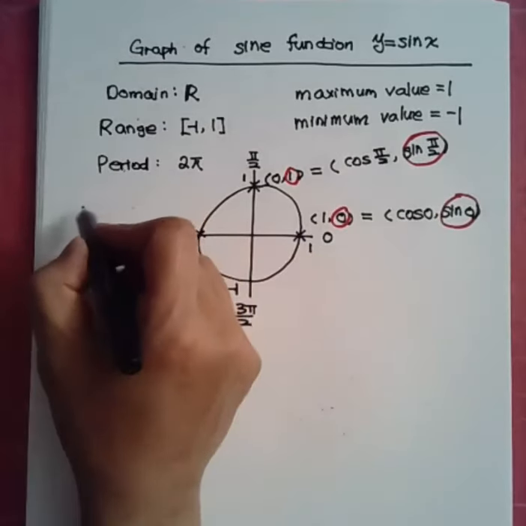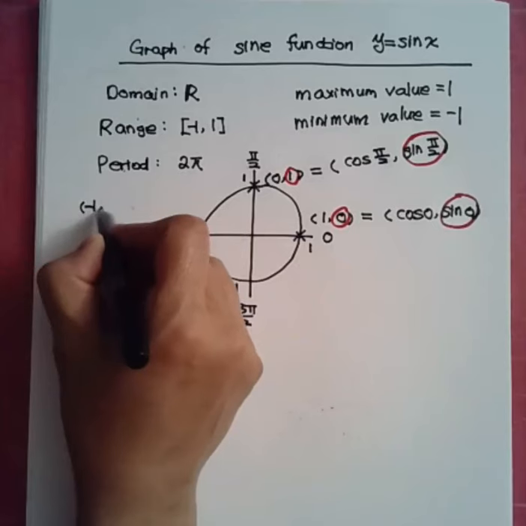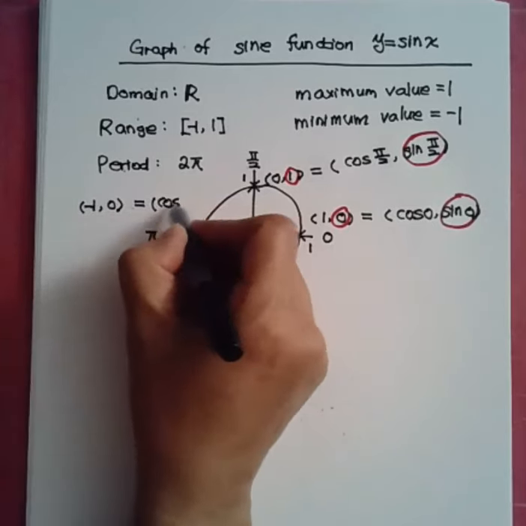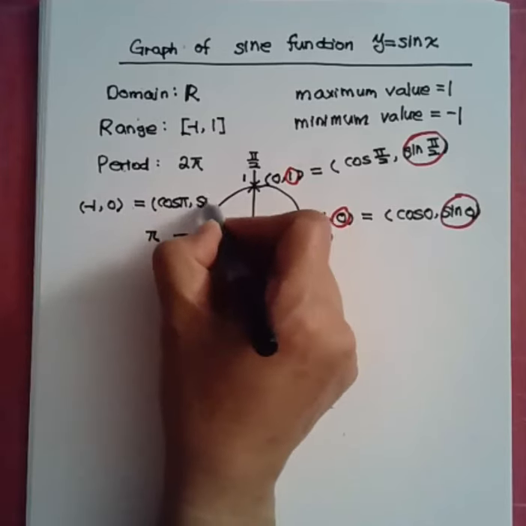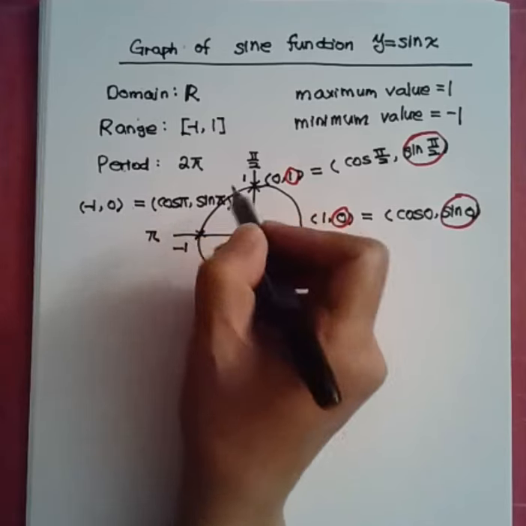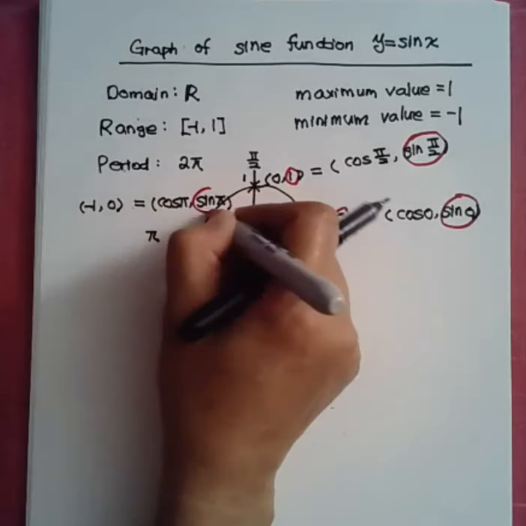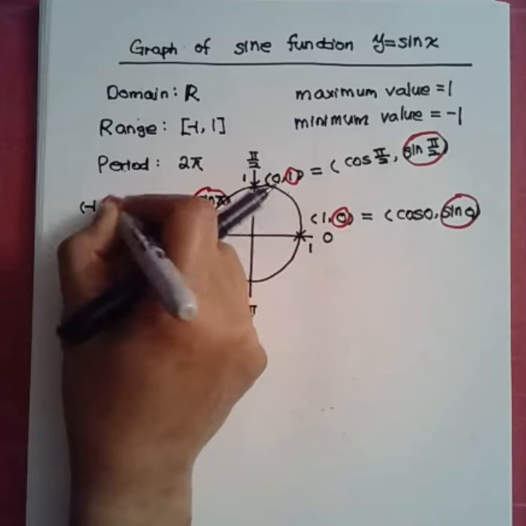This coordinate can be written as (-1, 0). Again, that is cosine of pi and sine of pi. So sine of pi becomes 0.